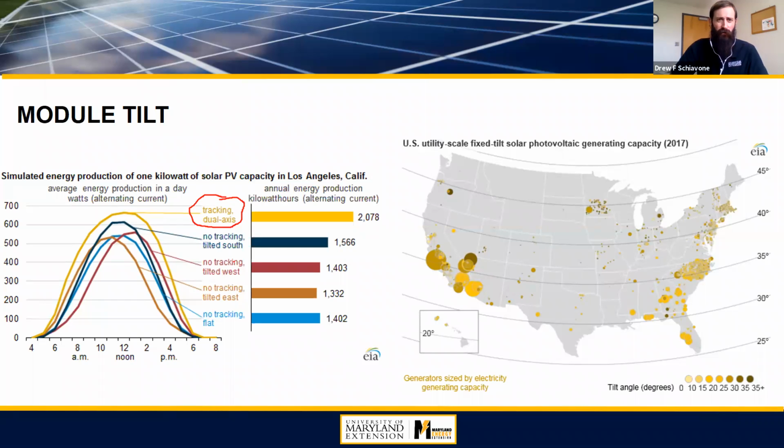With a single axis tracking system you can rotate east or west, and with dual axis you can also go up and down from high to low tilt. Again, any of those tilting systems add a cost to the system. If they break, you have to work and replace them. Of course, you could see a 10 or 20% improvement in efficiency, but you also have that additional cost and upkeep associated with it.